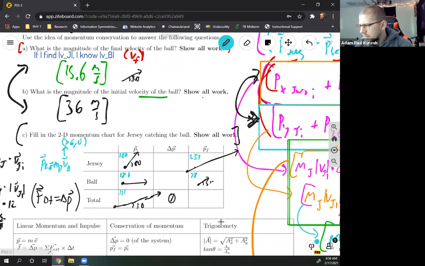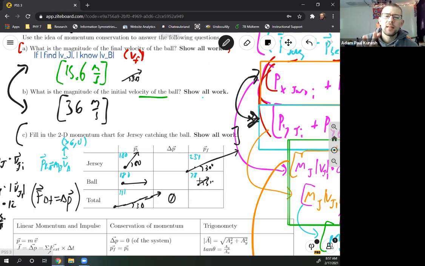All right. So my total momentum, the momentum of the entire system, fortunately, like it's kind of nice. These two things align with each other. They're both angled at 30 degrees. So when I sum up these two vectors, I don't actually have to break them into components if I don't want to, because they're both pointing the same way. So their lengths will just add completely. 78 plus 234.